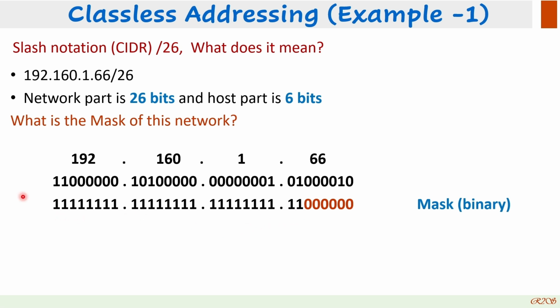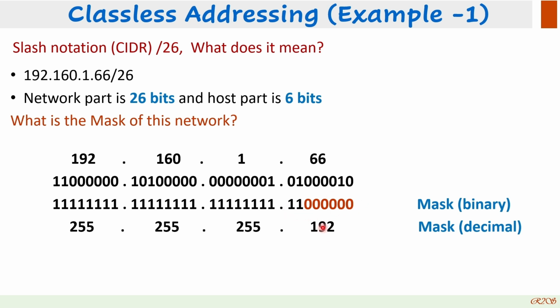Previously, if it is class C, like 192, and we don't use this notation, the default mask was 255.255.255.0, but the default mask is no longer useful. Now we have to find out the mask. So these are all 1, and 2 more bits, 25 and then 26, are also 1 and 1, then all 0. That is 192.